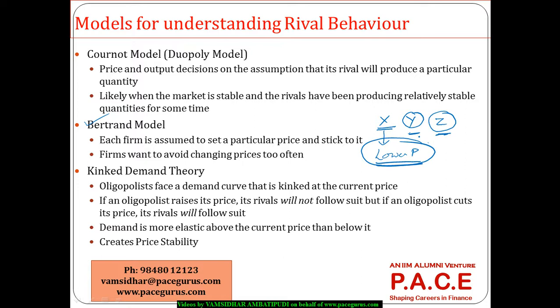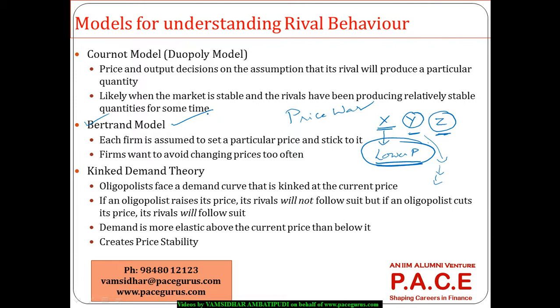Once X has lowered the price, Y and Z may not stick to their price. They may react and set an even lower price, which means there is a possibility of a heavy price war. But the Bertrand model clearly says that whatever the firm is thinking in terms of setting a price, it is assuming that the competitors are going to stick to the price they have set, at least for a certain period of time.